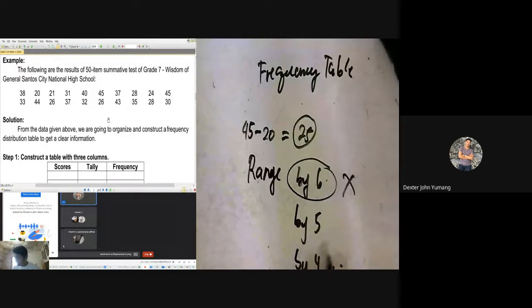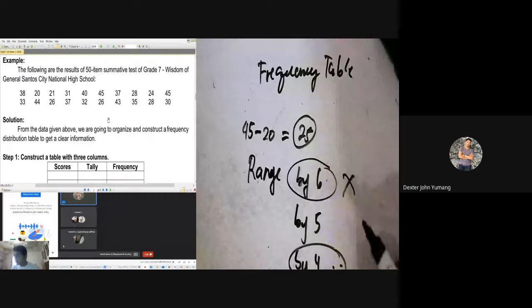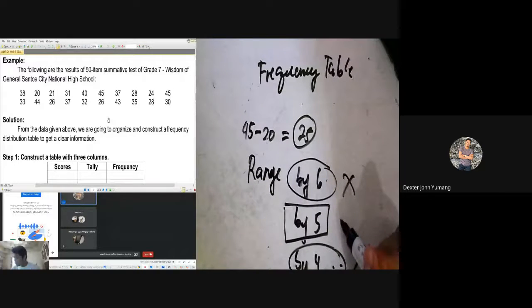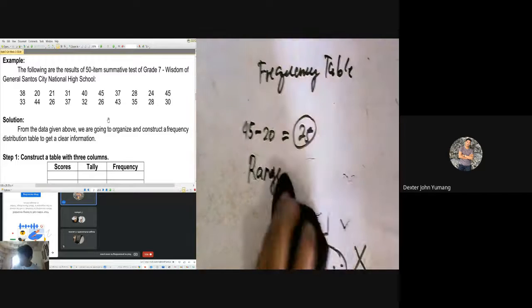What about 4? When we divide 25 by 4, is the answer a whole number, or is there also a decimal? No, there is also a decimal. But 5, when we divide 25 by 5, the answer is 5, and 5 is a whole number. So, our range is by 5.